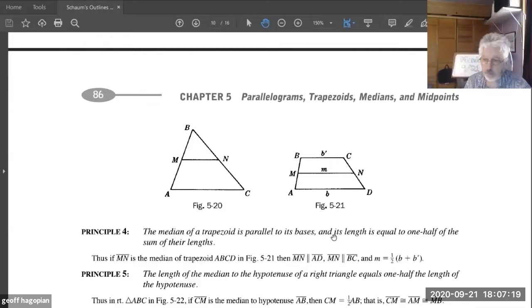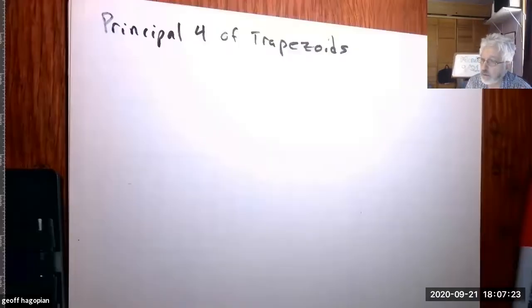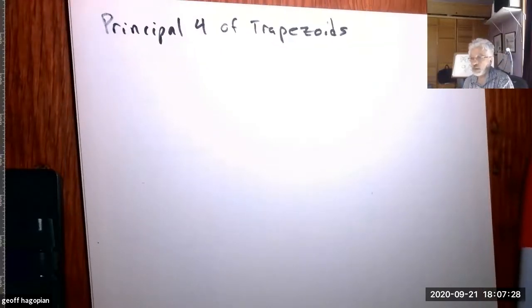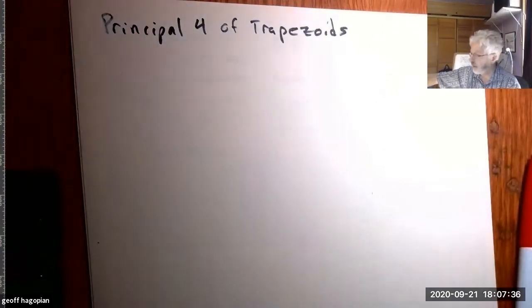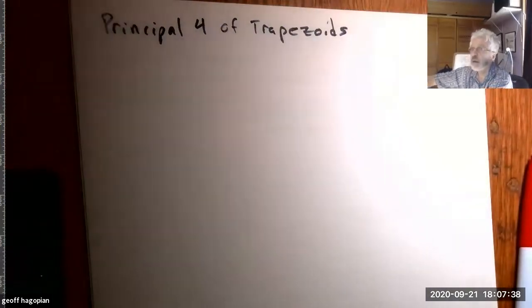Oh, and let me put the... I guess I just turned that one off. Okay, so principle 4 of trapezoids is going to state that... got a bit of a glare, huh? And then it's dark.